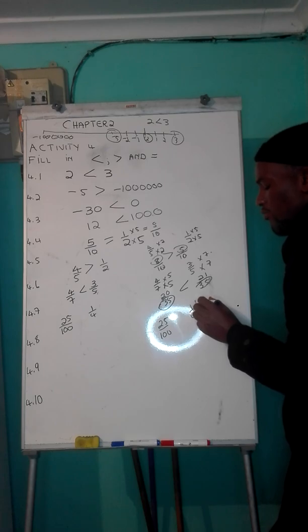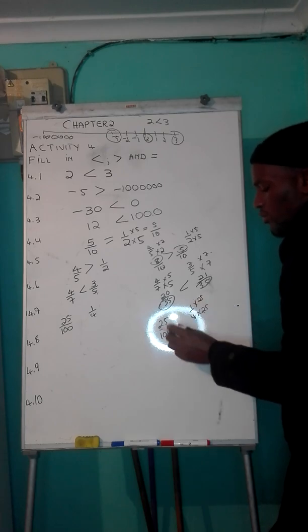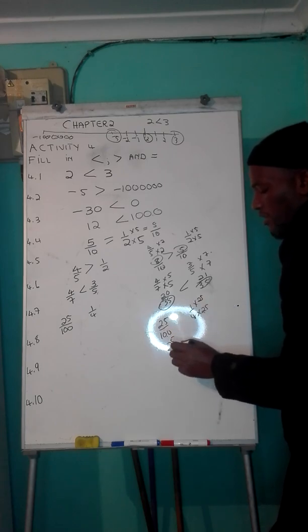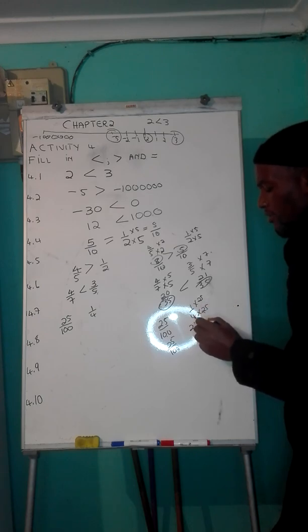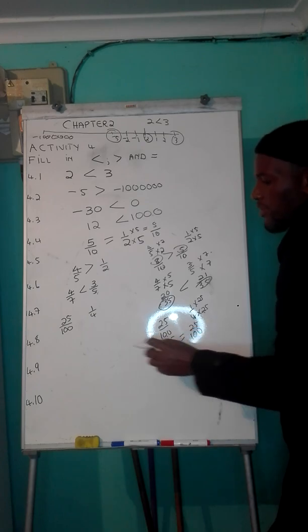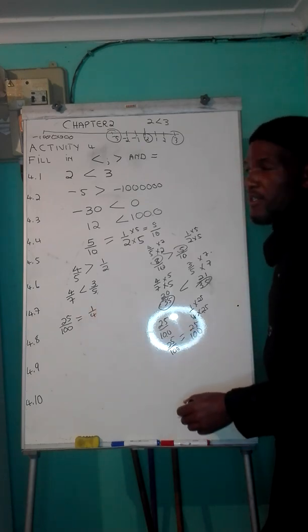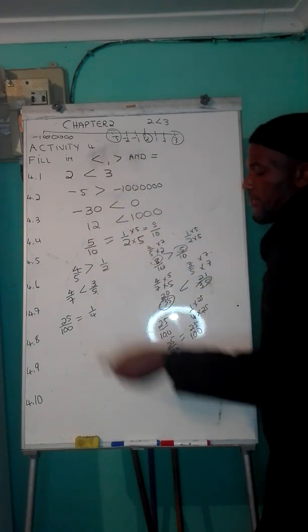What you do on bottom, you also do on top. What is 1 times 25? It's 25. 4 times 25 is 100. So it's the same thing. These two things are equal. I will fill in the equal sign.